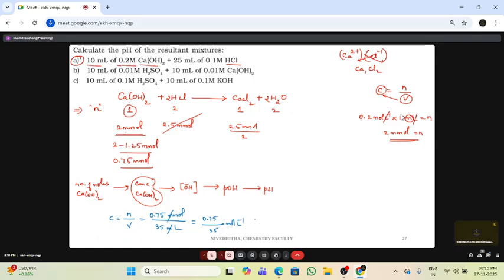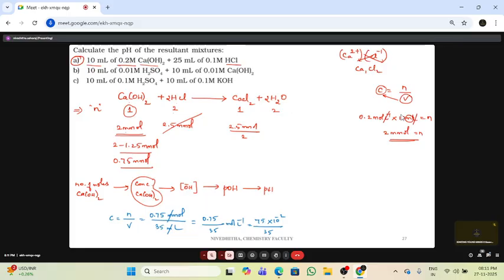Can you please simplify this? 0.75 divided by 35. See, 0.75 can be written as 75 into 10 power minus 2.